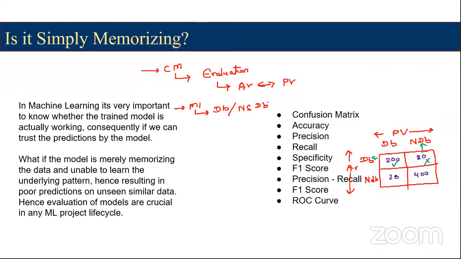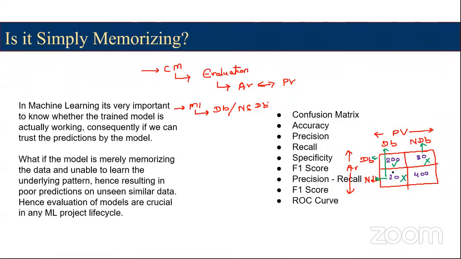Similarly, let's talk about these 20 records. What can we say about them? Patients are actually not suffering from diabetes and the model predicts suffering from diabetes. So is this an incorrect or correct classification? Incorrect classification. Why?